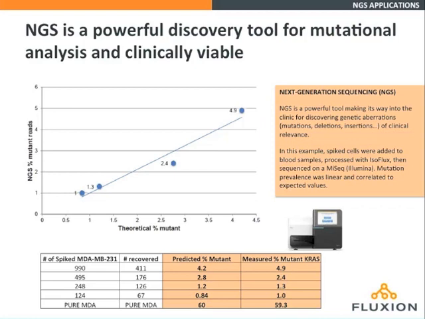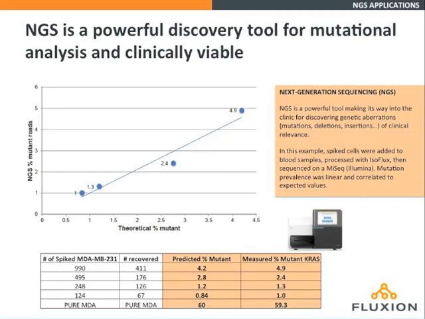So in this study, we worked with Asuragen, a CRO collaborator that was using the MiSeq instrument to look at percent mutations in the samples that we obtained using the IsoFlux system.